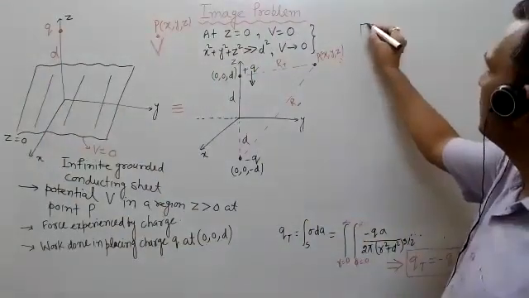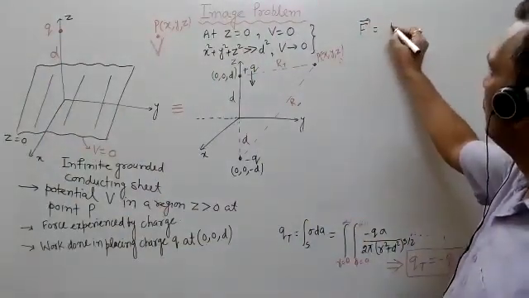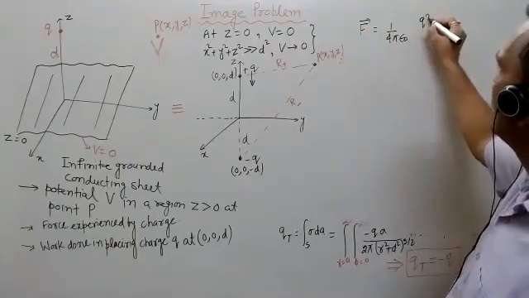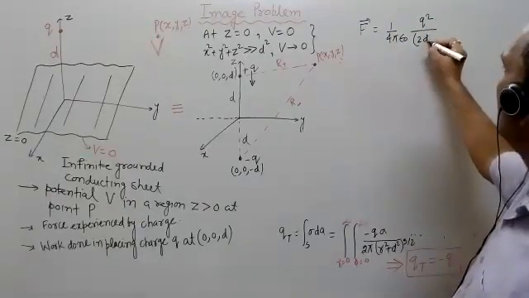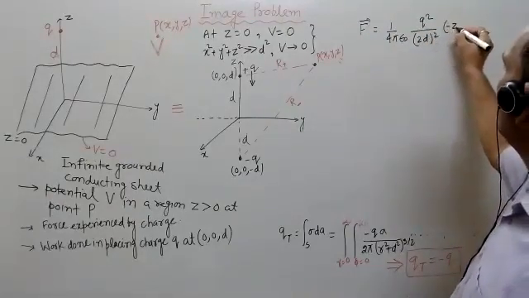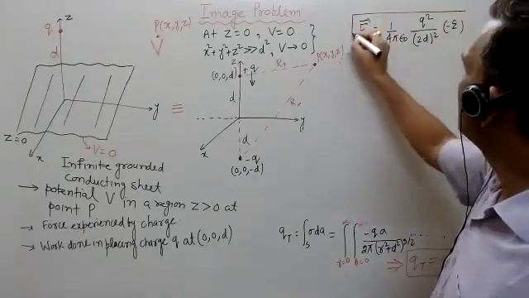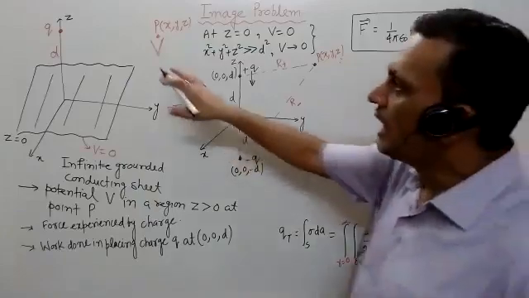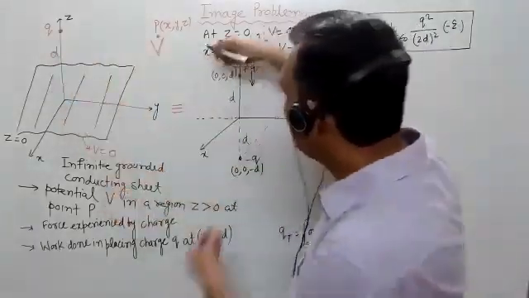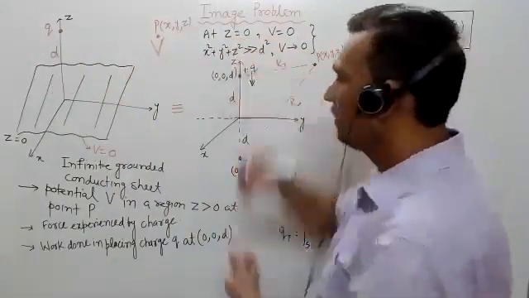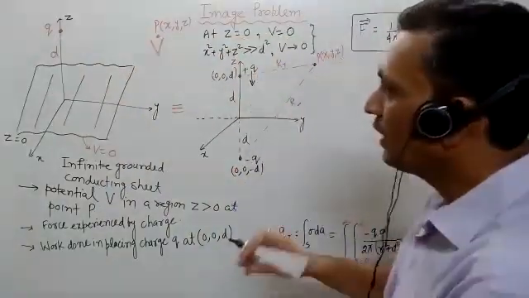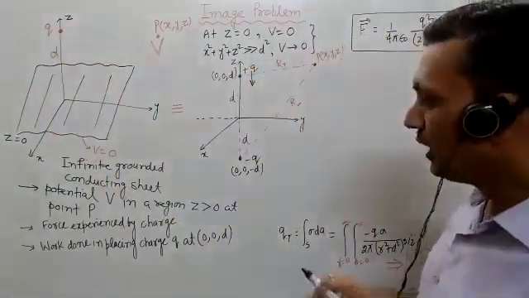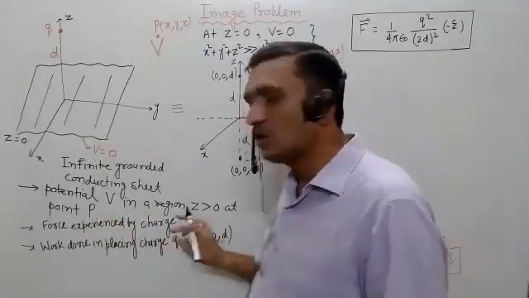So this force is given by 1 by 4 pi epsilon naught, q square by (2d) whole square, and the direction will be minus z cap. This is the force experienced by charge q and the conducting sheet. That is simply the force between 2-point charges plus q and minus q. So that is the second part, force experienced by charge q.